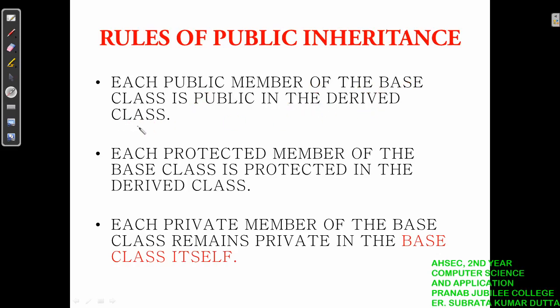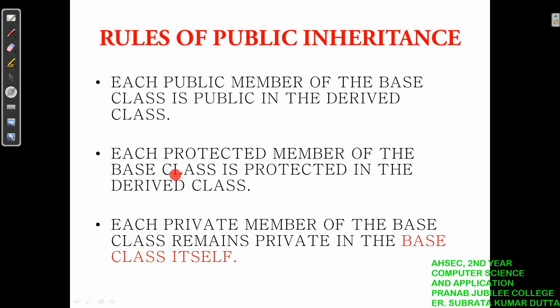That means when we publicly derive a base class, as we have seen in the example in my last video, those members that are declared public in the base class will also be public in the derived class, right? When you inherit those members which are public in the base class, in the derived class also those members will stay public. Okay.